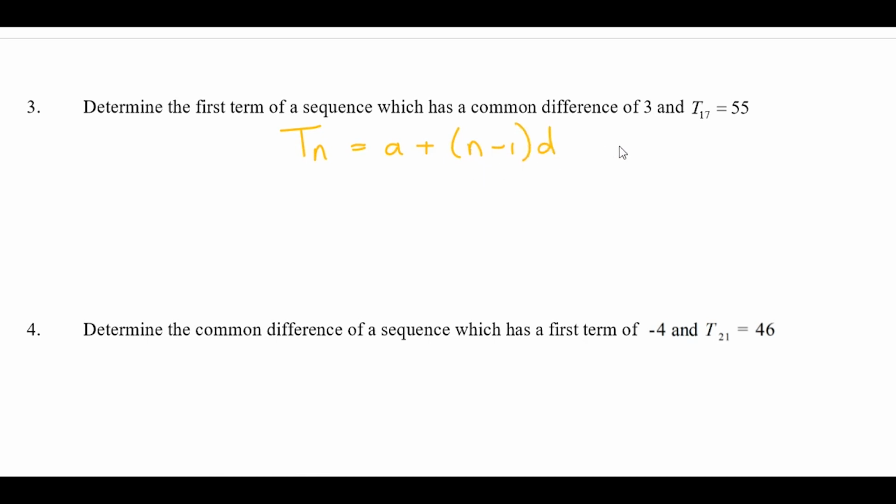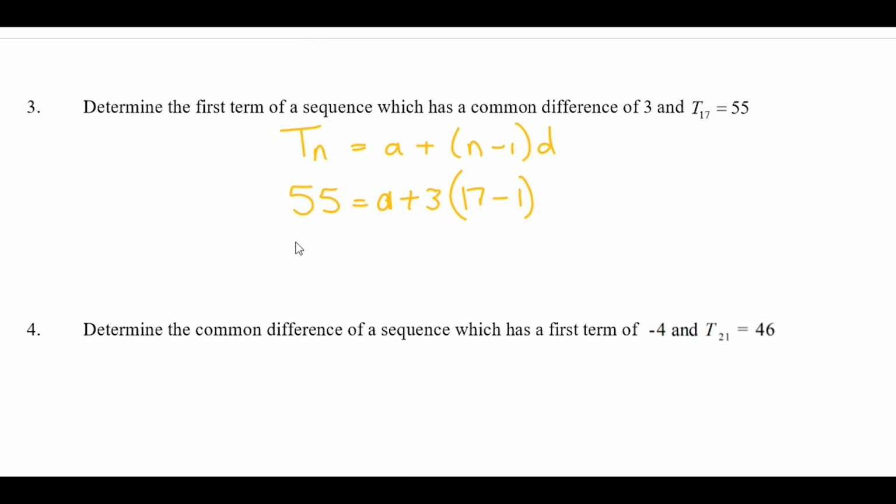All right, and we know that the 17th term is 55. In other words, I'm going to put 55 here. I'm going to put 17 in here. I know the common difference is 3. I'm actually going to write it at the front here, and I don't know A. We just have one variable that we're trying to find.